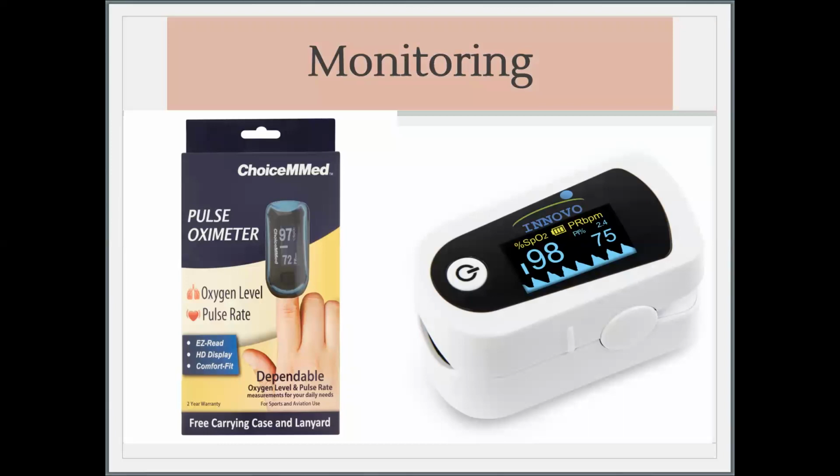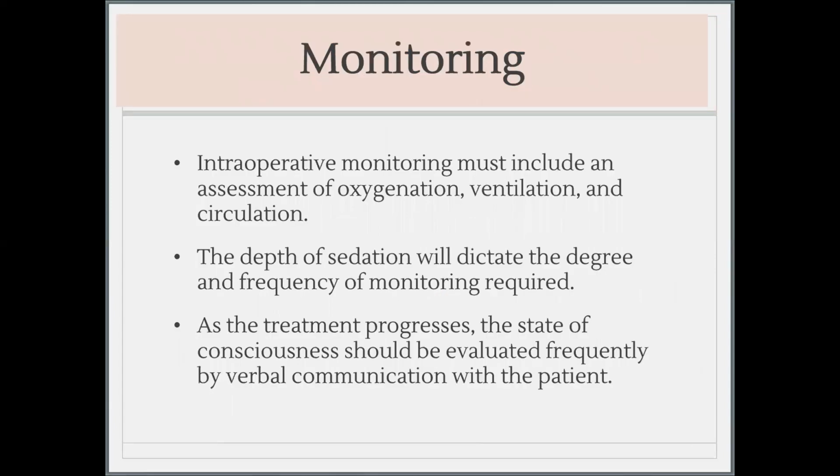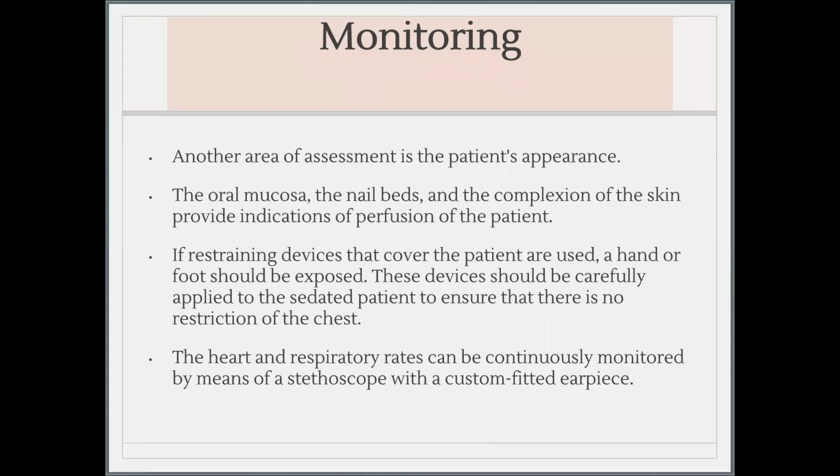Here are some examples of pulse oximeters, where you use it on the finger, the thumb, the toe, or the earlobe. It is an intraoperative monitoring system that must include assessment of the oxygen level, ventilation, and circulation. The depth of sedation will dictate the degree and frequency of monitoring required. As the treatment progresses, the state of consciousness should be evaluated frequently by verbal communication with the patient.